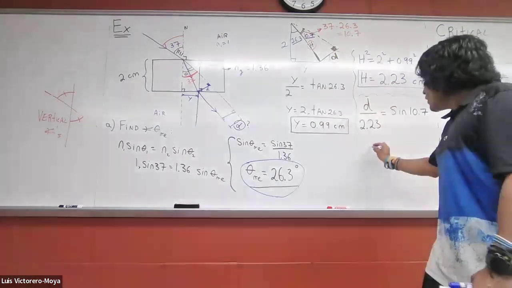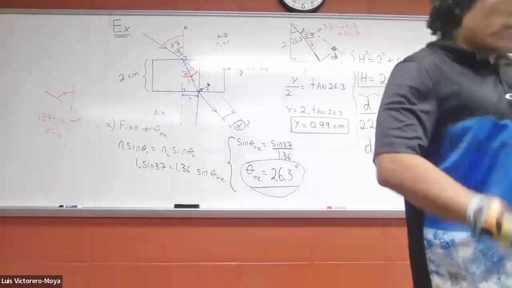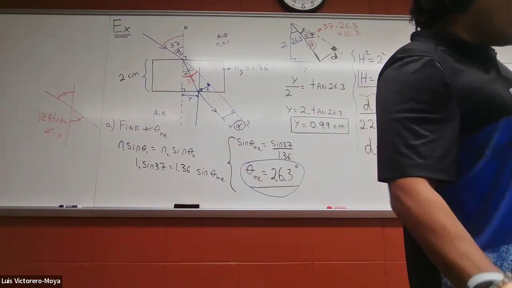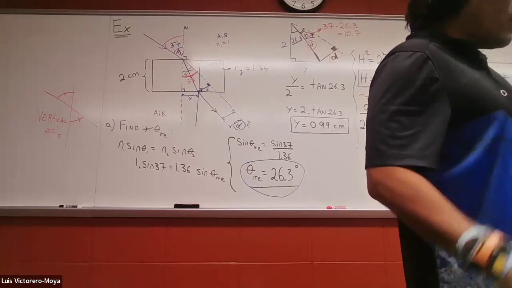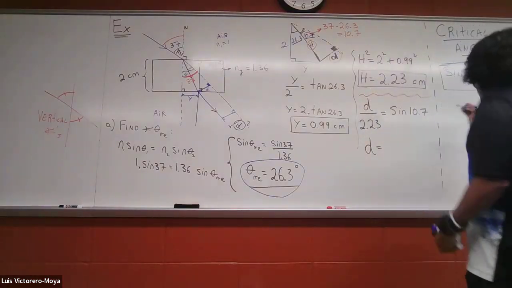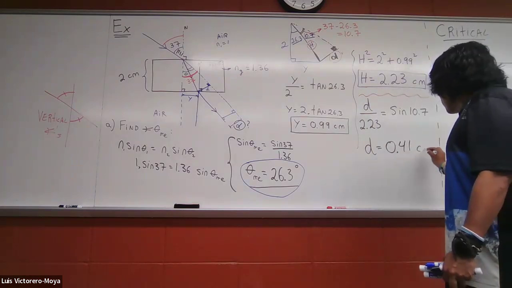Now I can find the value of D. 2.23 times sine of 10.7. So sine of 10.7 times 2.23. That's 0.41 centimeters.